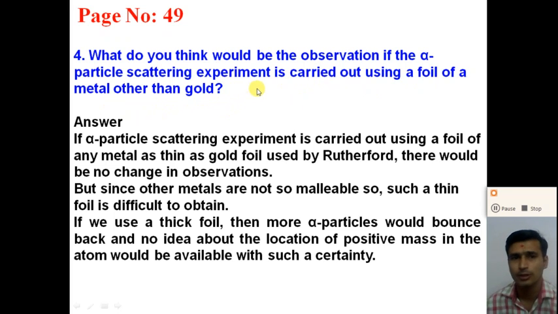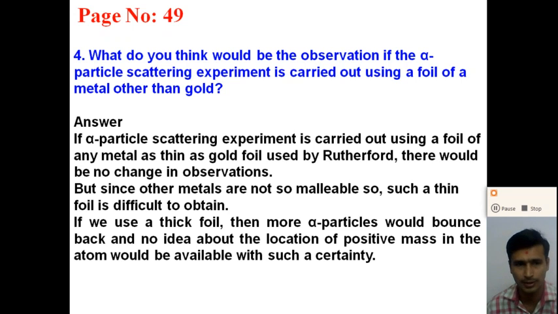Is it possible to carry out the experiment with another metal instead of gold? The answer is that if the alpha particle scattering experiment is carried out using a foil of any metal as thin as the gold foil used by Rutherford, there will be no change in the observation.